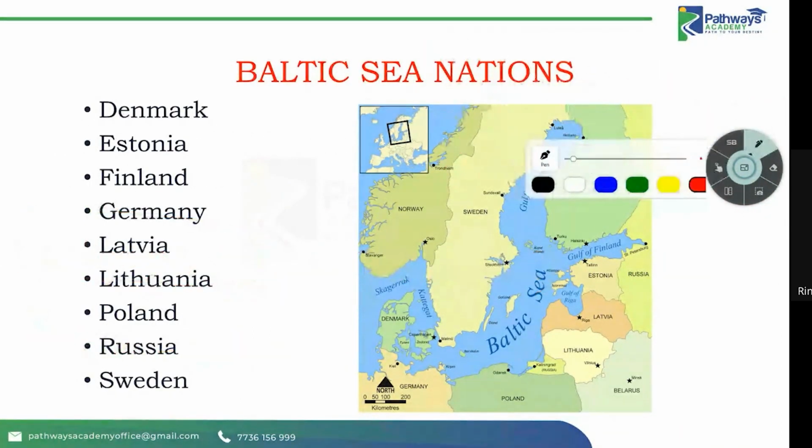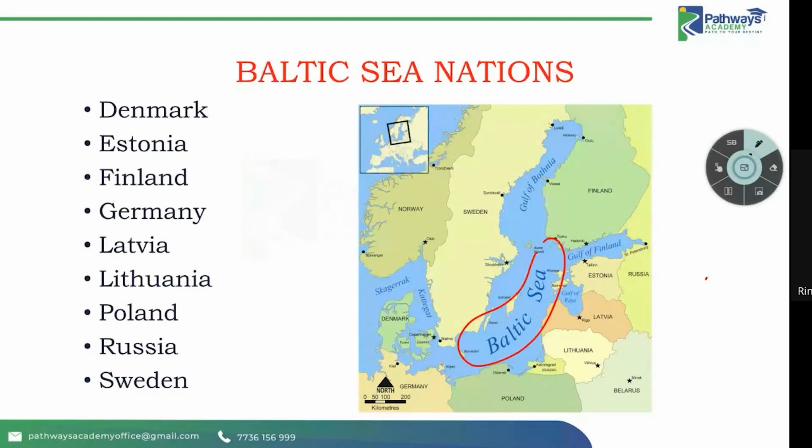Then Baltic Sea is surrounded by, you can see the Baltic Sea in this region, Sweden. Okay, please note it down. Norway is not here. It is Sweden, Finland. Then Russia is present here in this small region. Russia, Estonia, Latvia, Lithuania. Then Poland. Here also a small territory of Russia is present.